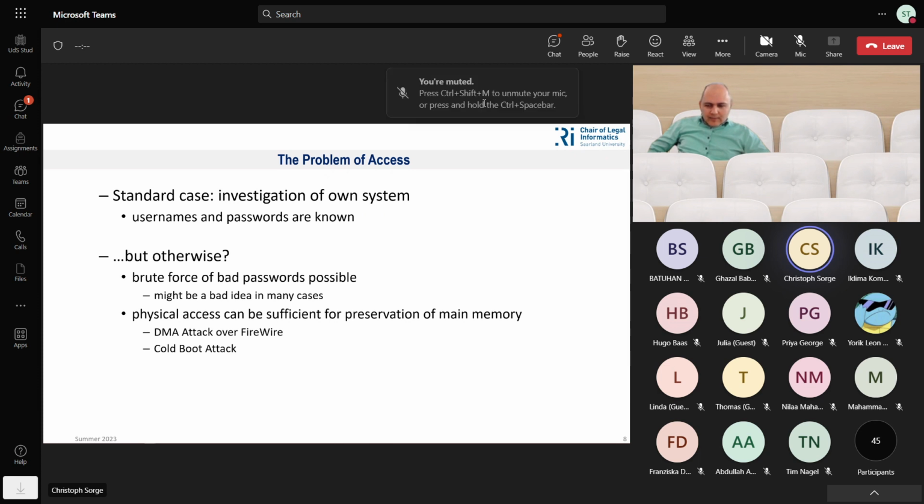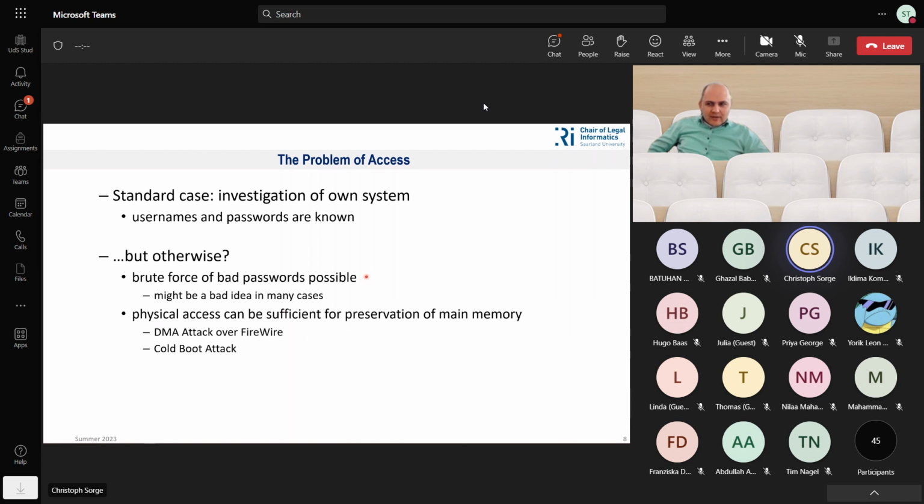That might be problematic. There are some systems around that will automatically shut down or wipe memory contents if the wrong password is entered too often. Not very common on desktop computers or even laptops, more common on other mobile devices, but still something to take into account.